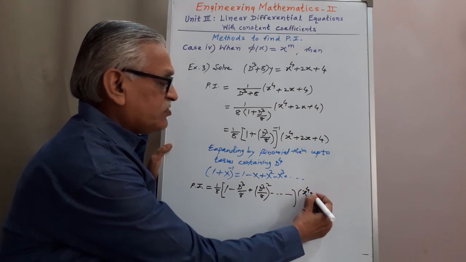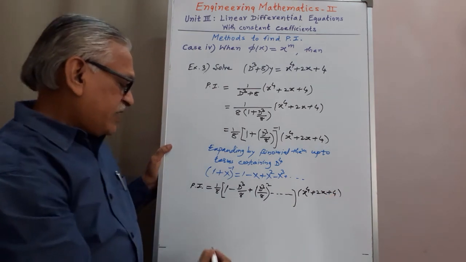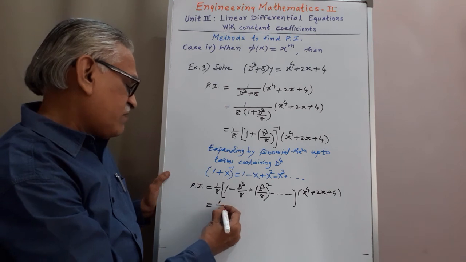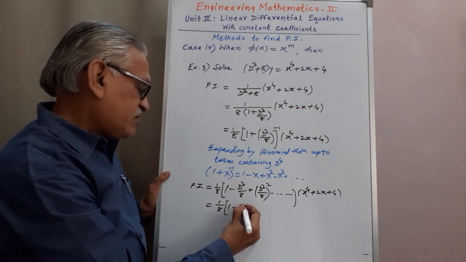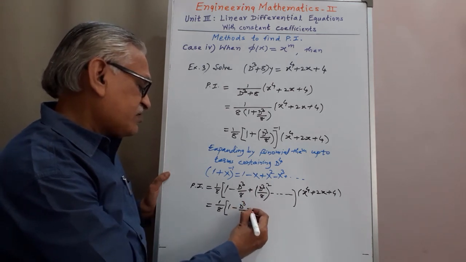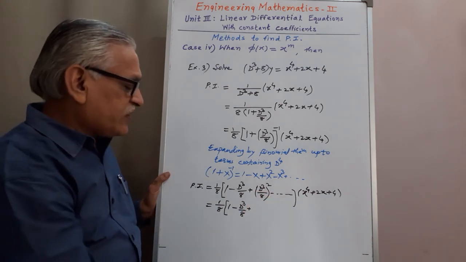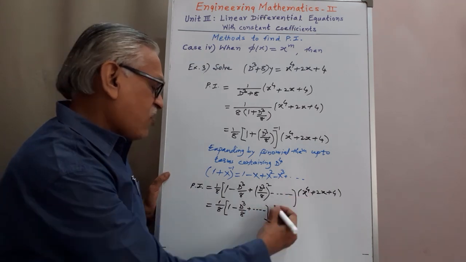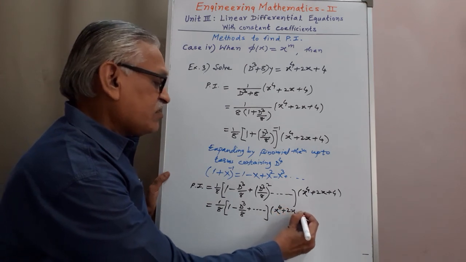So operating on x raised to 4 plus 2x plus 4, it equals 1 by 8 times (1 minus D cube by 8, and plus D raised to 6, which we have to neglect, so I write dash, and so on), and then operate it on x raised to 4 plus 2x plus 4.